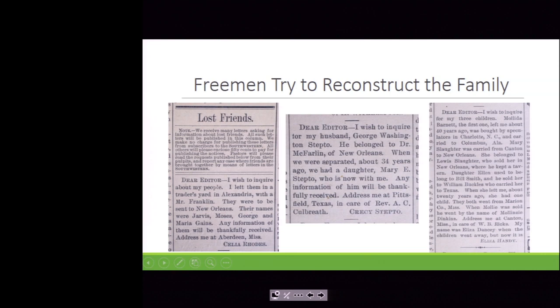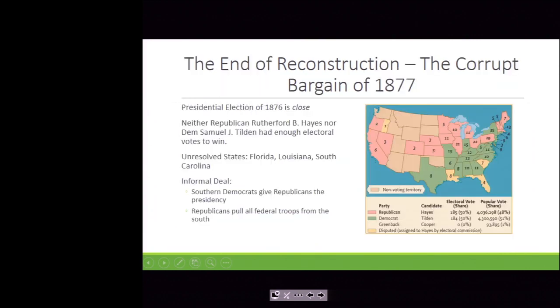With a Mr. Franklin. Now, do you think that somebody with the last name Franklin is the only one who lives in New Orleans? No, I mean, New Orleans is a big city. The state of Louisiana probably has a lot of Mr. Franklins. She doesn't really have a whole lot to go on here. And so sometimes freedmen trying to find their families can be very difficult. But by all means, they're still going to try.